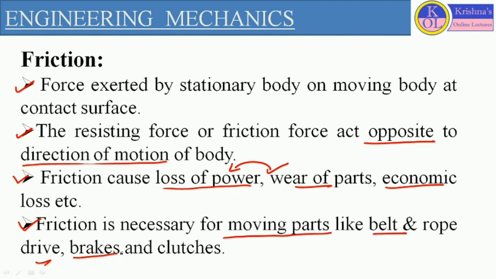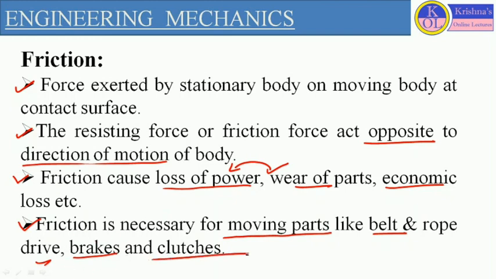That brake is mainly going to stop a particular machine, or for example in an automobile, when we apply brakes, that automobile is going to stop. The assembly of the brake is based on friction, and that vehicle is also stopped because of the friction of the tires and the road.